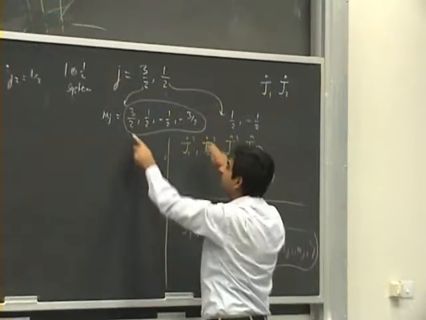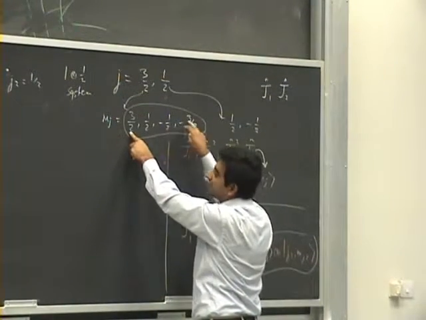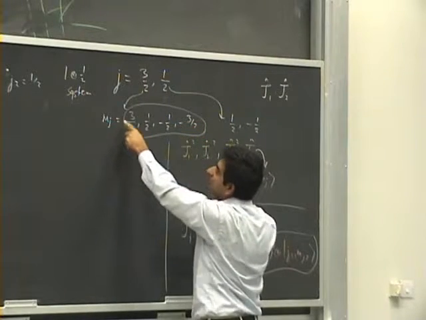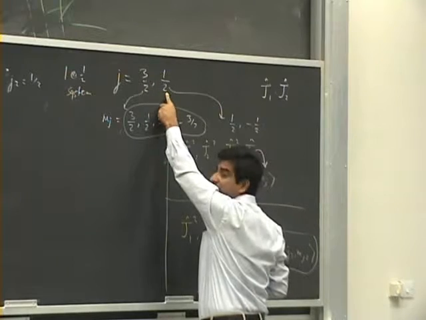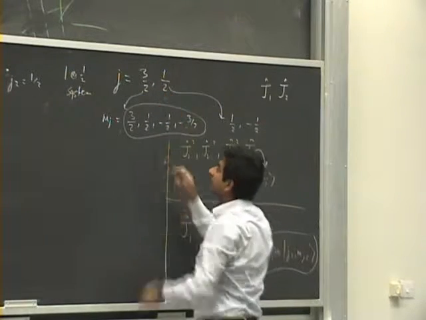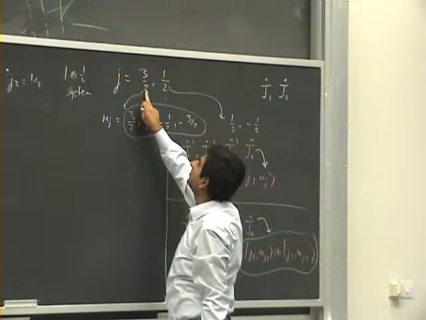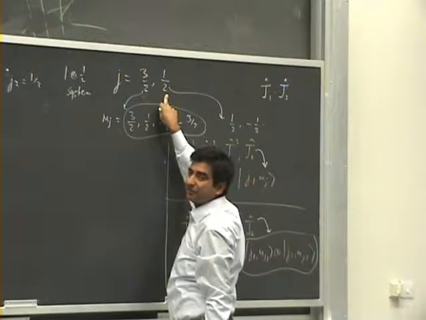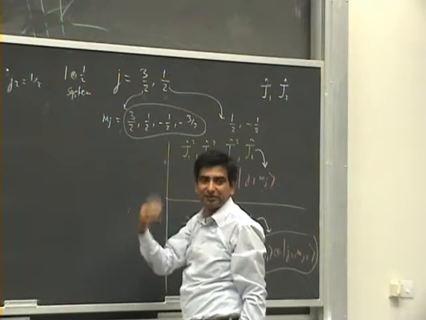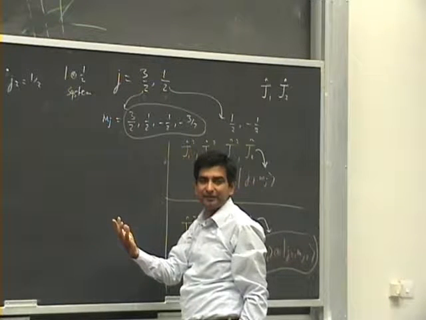Okay. So I can have 4 combinations of J and Mj corresponding to 3 by 2, and I have 2 combinations corresponding to this half. In other words, 2 times 3 by 2 plus 1 is 4, 2 times half plus 1 is 2, so I get 4 plus 2, 6 states. So the dimensionality of the space is 6.